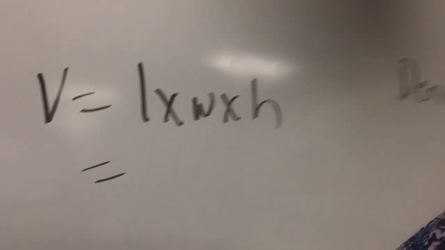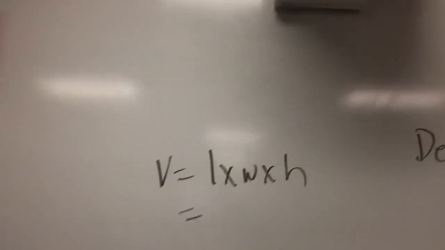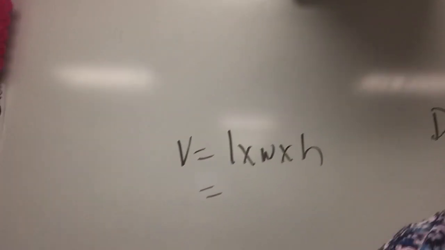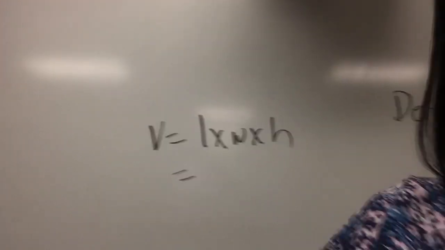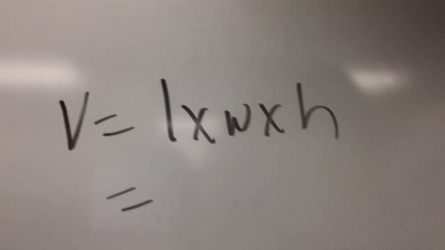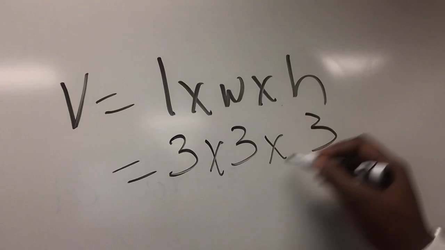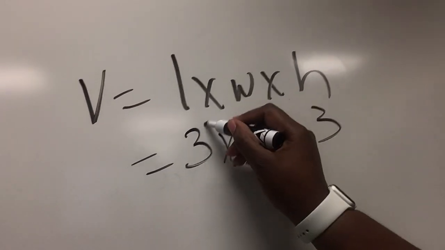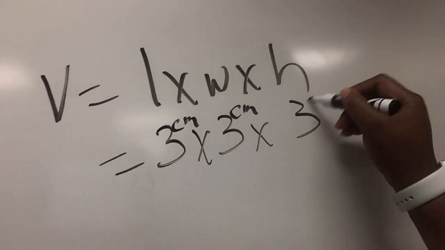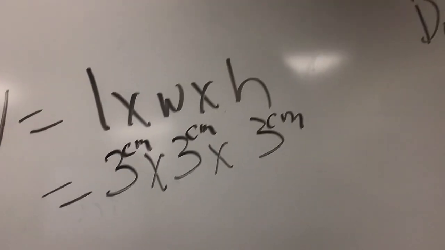All right? So let's take a look at our equation for items that have a regular shape. All right? So I am going to input my numbers. So my numbers were 3, 3, and 3. All right? And remember, they all were centimeters. So I'm also going to have to multiply centimeters.